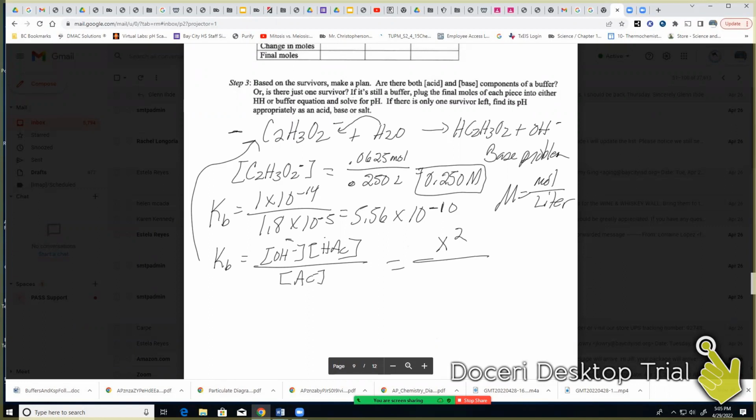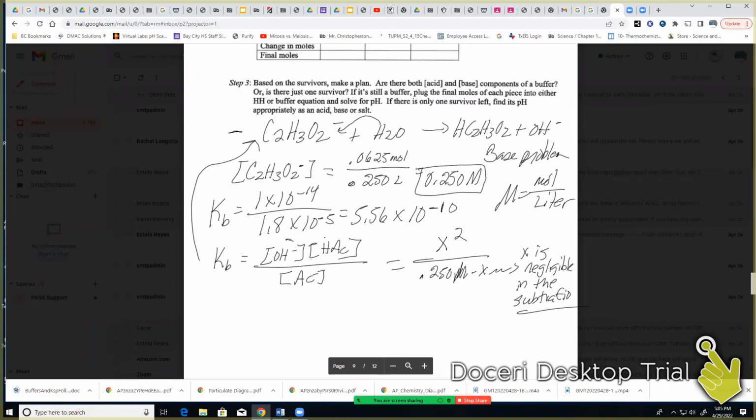And then on the bottom, I'm going to have my 0.250 molar minus x. And remember, you are going to want to make some little note, don't just not ever put it. X is negligible. I don't think it needs to be a big explanation, but put something like that.